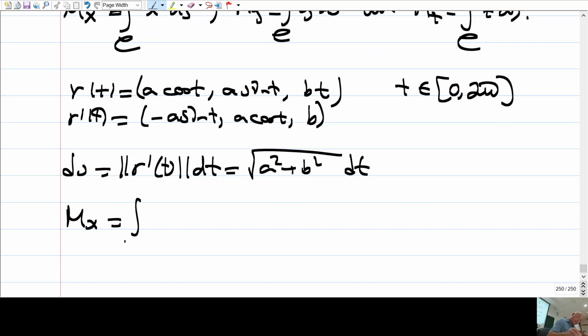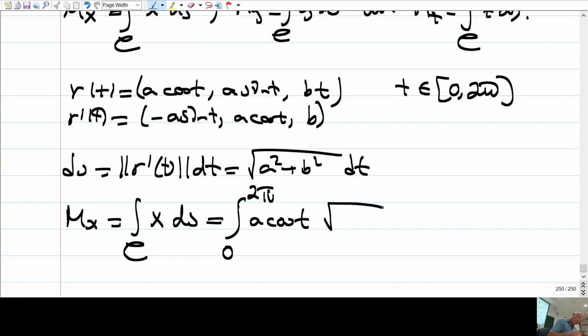So Mx is just the integral over C of x ds. So integral from 0 to 2 pi. X is a cosine t, and then ds is just square root of a squared plus b squared dt.